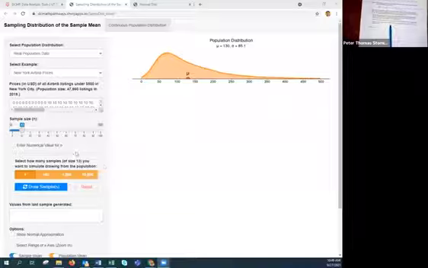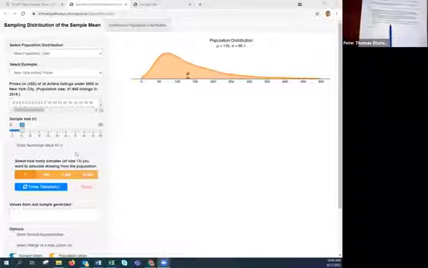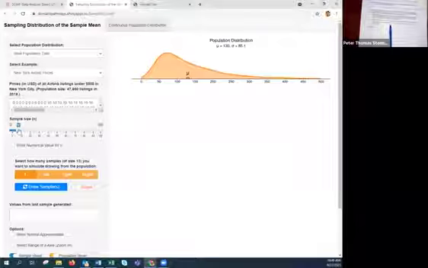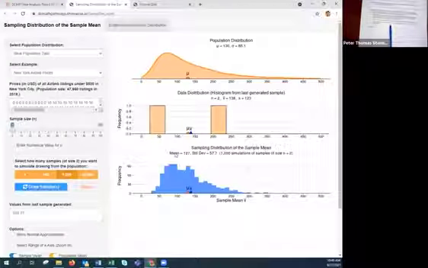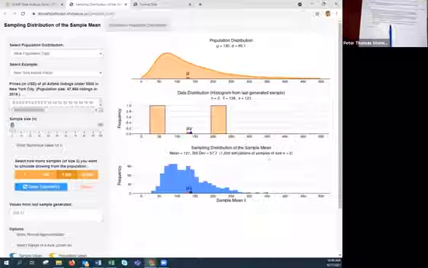Okay. So over here, we want to generate 1,000 random samples for each of the following sample sizes. For size 2, you're going to have to slide the sample size bar over to 2, click on 1,000, and then draw a sample. So here's what the distribution for a sample of size 2 would look like.